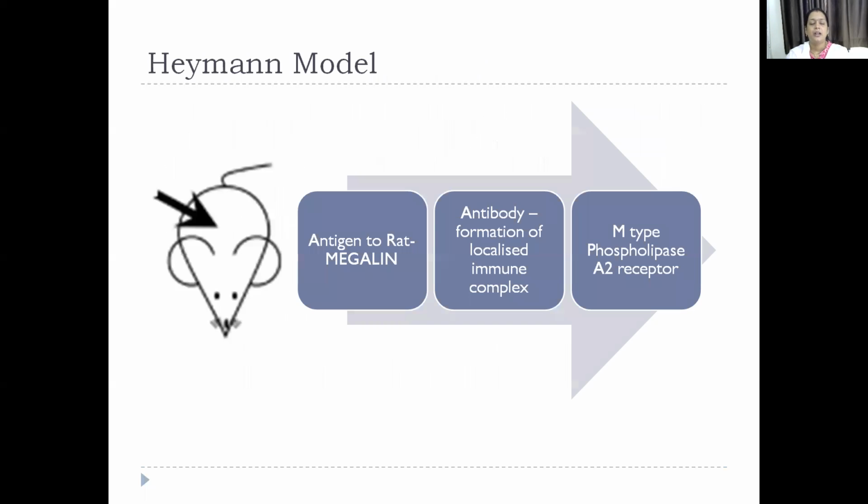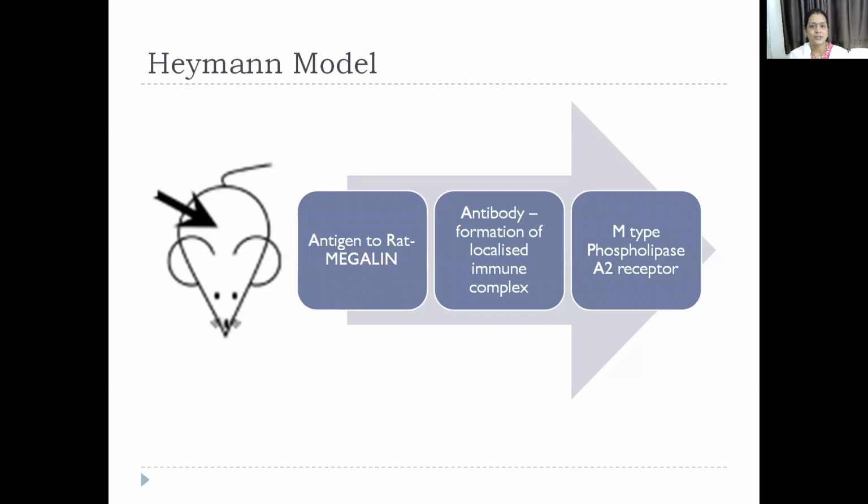Now coming to the Heymann model of explanation of glomerulonephritis. When they injected the rat with megalin antigen, there is a formation of a localized immune complex with the antibody, which reacts with the M-type phospholipase A2 receptor. So because of that, an immune complex forms; the antigen antibody reaction is occurring there. Once this reaction occurs, what happens?